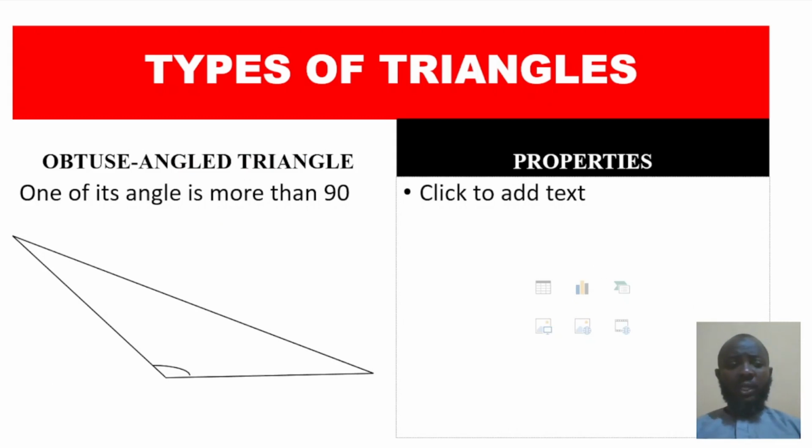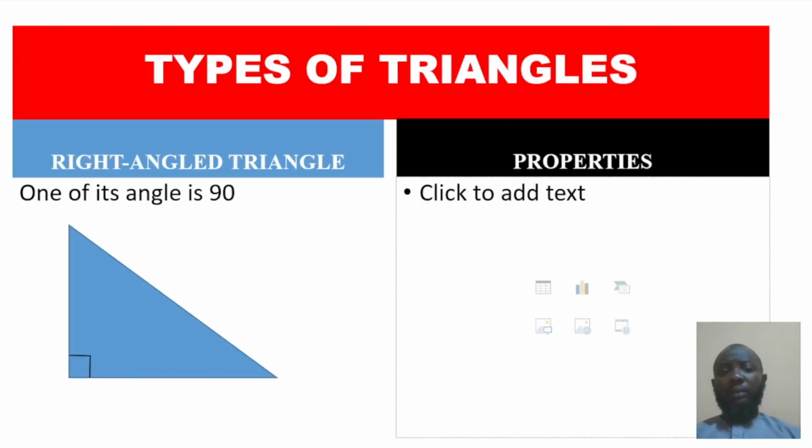And the last one under types of triangle that we have is the right angle triangle. From the name, right angle, which is 90 degrees, as you can see, one of its angles here is 90 degrees. So this is what we call a right angle triangle. Under this one, we quickly look at some properties.